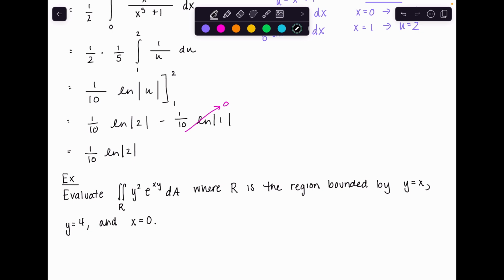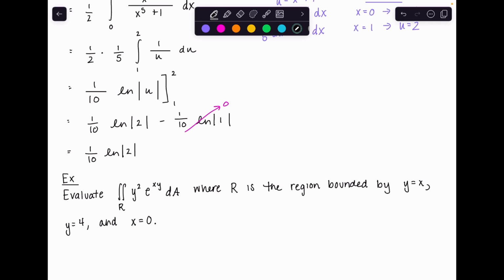And so this one, technically you can do either way. However, because there's only one thing dealing with x, it's probably easiest to integrate with respect to x first. You can integrate with respect to y. However, you would have to do by parts because you have y squared times an exponential function, and you might even have to do by parts twice as a result of that.